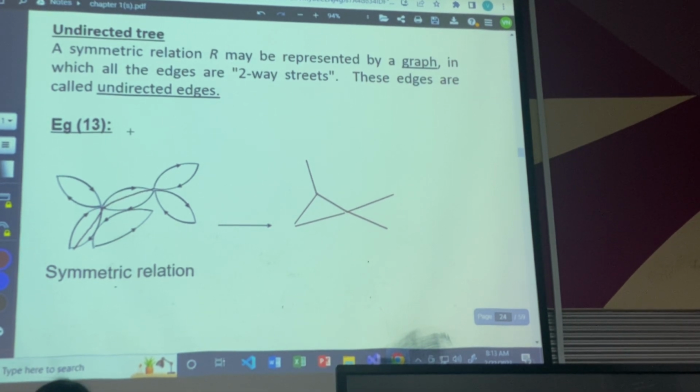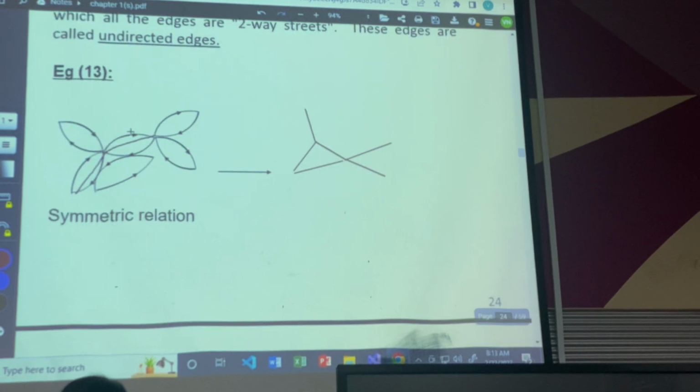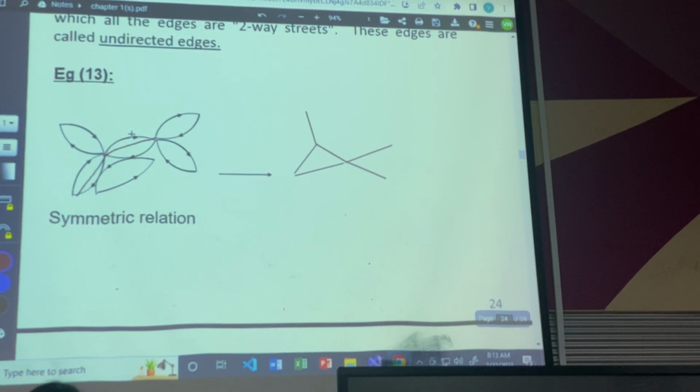Okay, now we want to see what is a path, a simple path, and then a not simple path and so on.